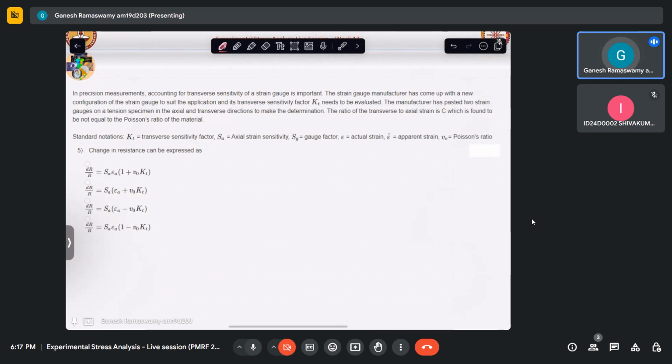In precise measurements, accounting for transverse sensitivity of a strain gauge is important. The strain gauge manufacturer has come up with a new configuration of the strain gauge to suit the application, and its transverse sensitivity factor Kt needs to be evaluated. So Kt, generally this is provided by the manufacturer.